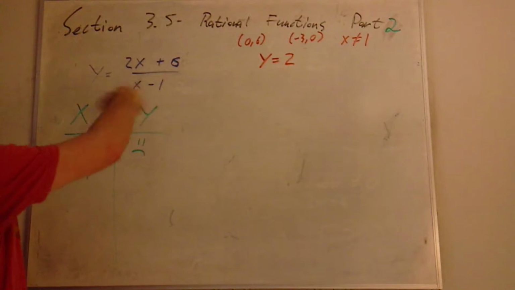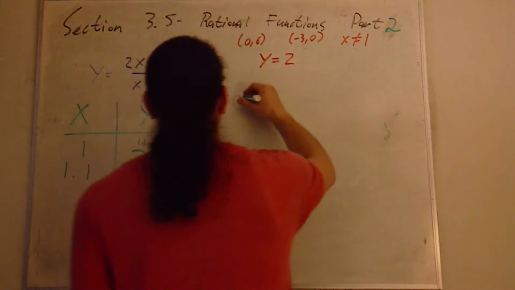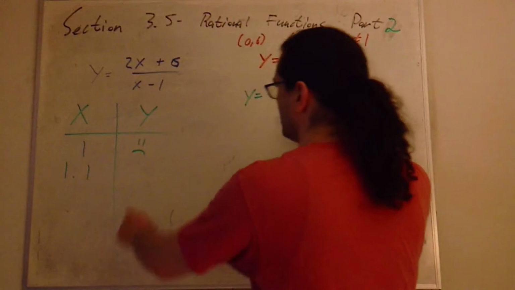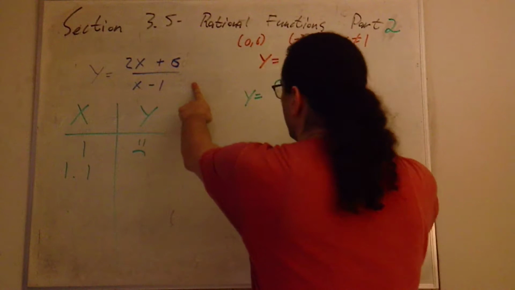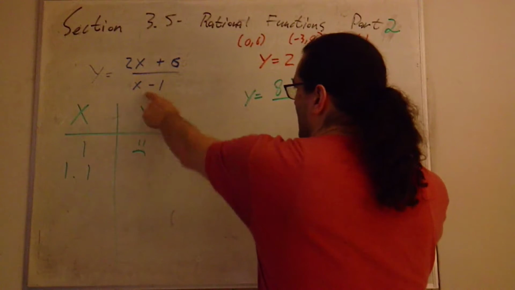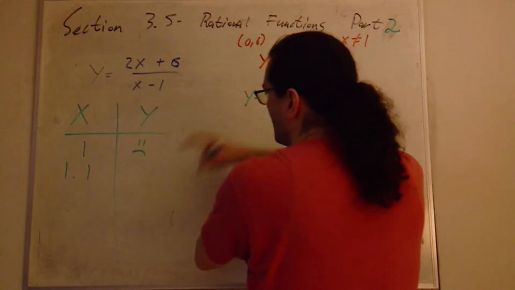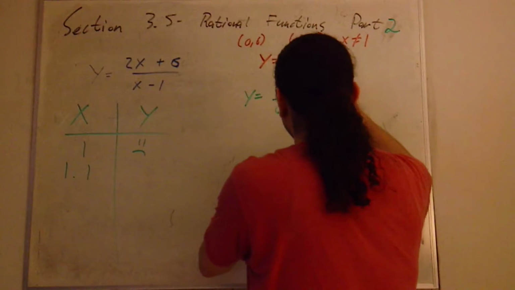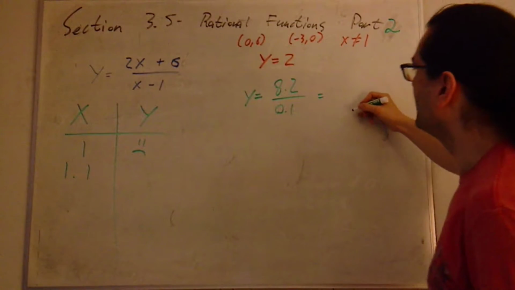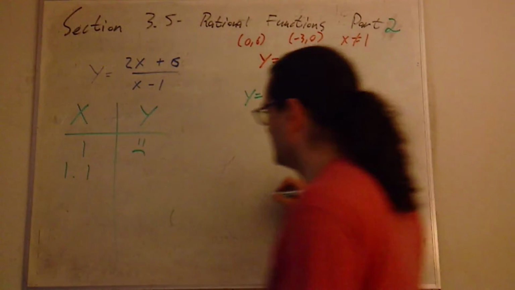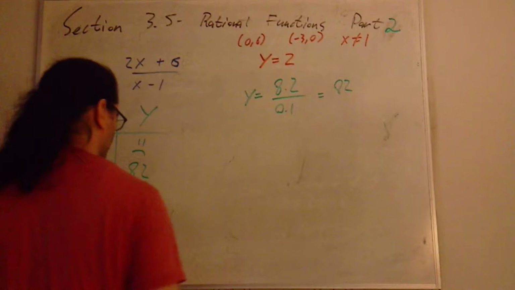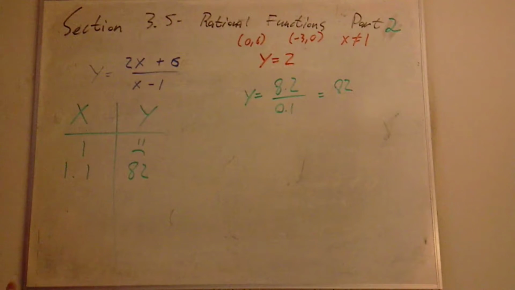So, when we plug in 1.1, it's going to look like this. Y equals, let's see, that'll be 2.2 plus 6, should be 8.2. The denominator is going to be 1.1 minus 1, should be 0.1. I think that'll give me 82. Some big numbers here, it's alright.